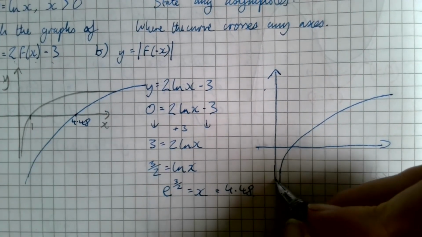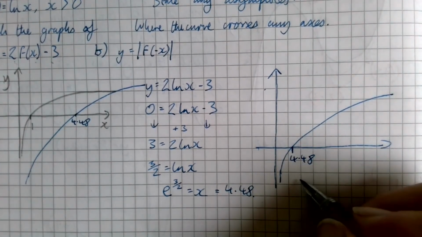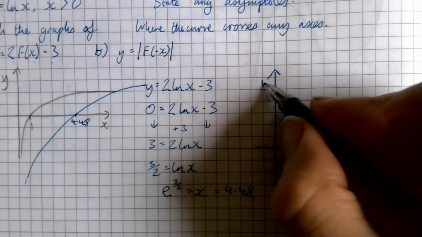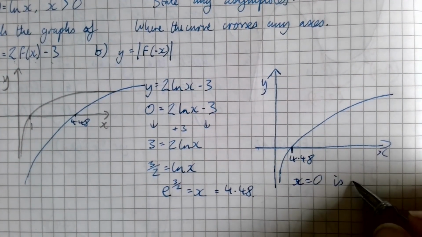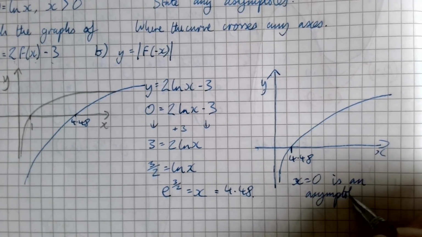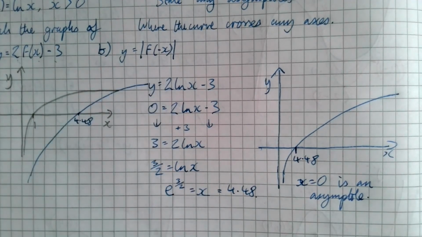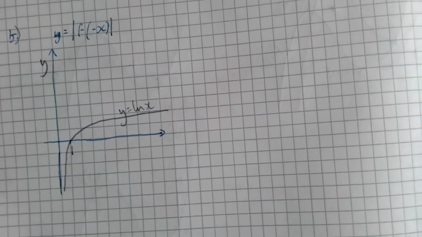But all you have to do is put your 4.48 there and state that the line, the y-axis, which is called x equals 0, isn't it, is an asymptote. And we've done that one, and we've just got this to have a look at. And I forgot again, but I should have labelled that line, shouldn't I?